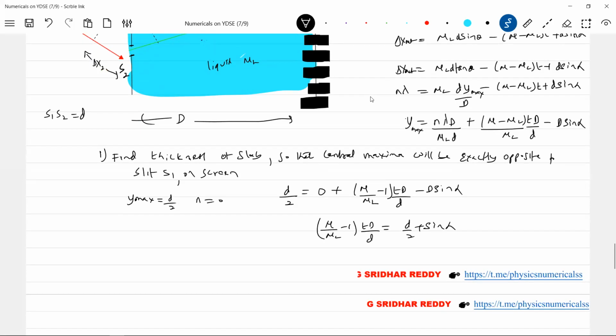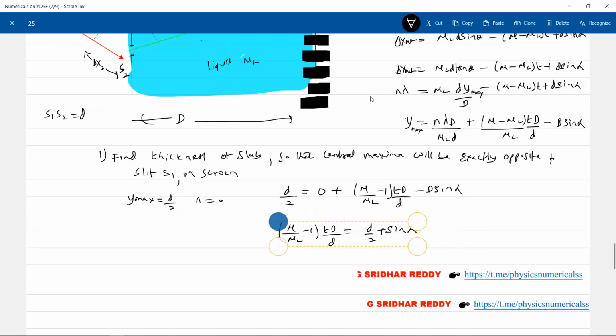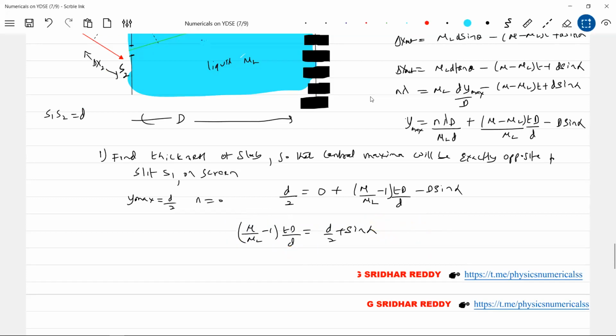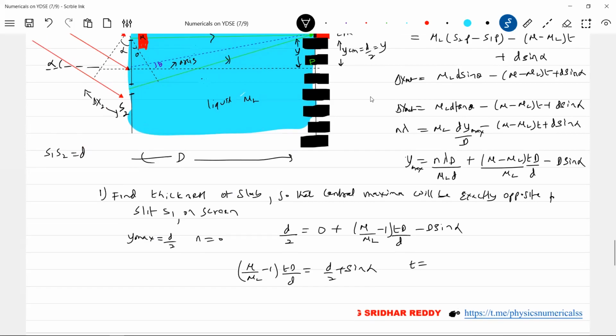Solving for t, we will get the required answer. Let me put it here. So this t will be d square by 2d.